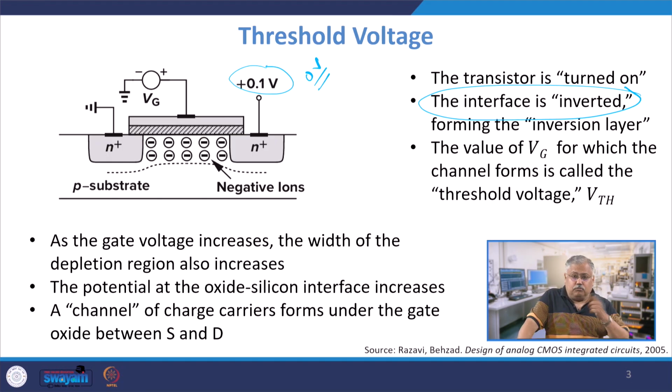So, for an NMOS, since you will be applying a positive gate bias, my threshold voltage will be positive or greater than 0. Whereas if you take PMOS, PMOS basically has a substrate of N type. If it is N type, you have to apply a negative bias at the gate side to pull the holes.